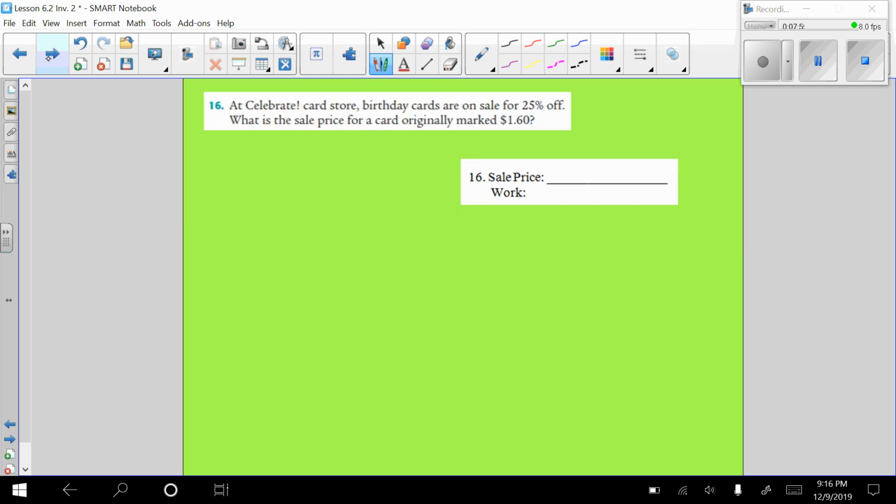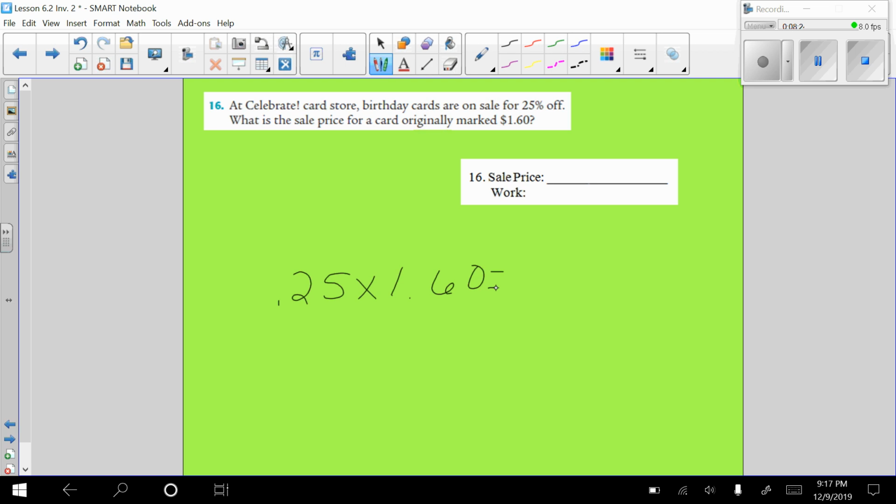All right, here's another one. At a Celebration card store, birthday cards are on sale for 25% off. What's the sale price of a card that was originally marked $1.60? Well, same thing. It doesn't matter how big or small. 0.25 times $1.60. What do I get when I cross multiply and I divide?